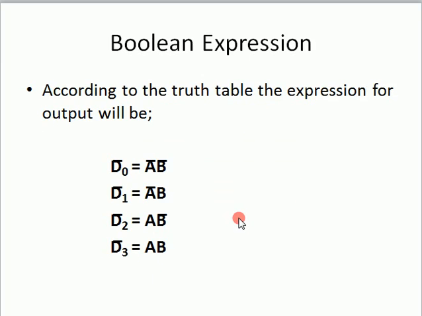So according to this truth table we get the Boolean expressions: D0 complement is equal to A complement B complement, D1 complement is equal to A complement B, D2 complement is equal to AB complement and D3 complement is equal to AB.